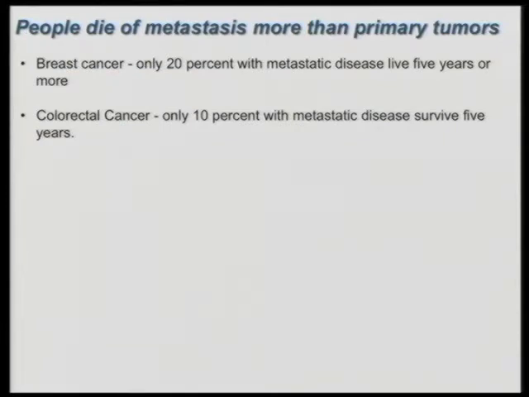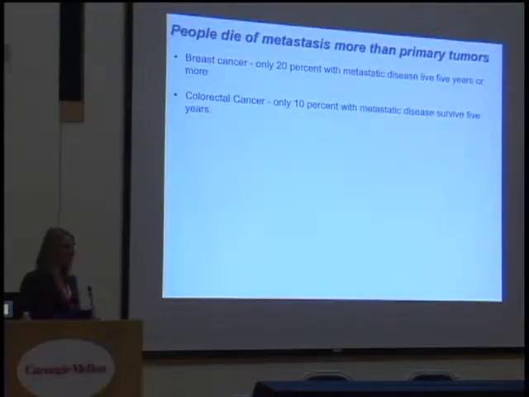So given that background, what I'm going to focus on today is what we're trying to do in targeting imaging metastasis, or actually imaging the metastatic process and maybe even what happens before cancer metastasizes. I think pretty much everybody in the room has had a relative or a good friend die of cancer, and typically it's not the primary tumor that causes the mortality.